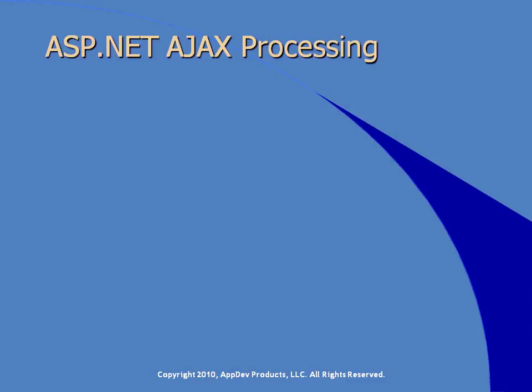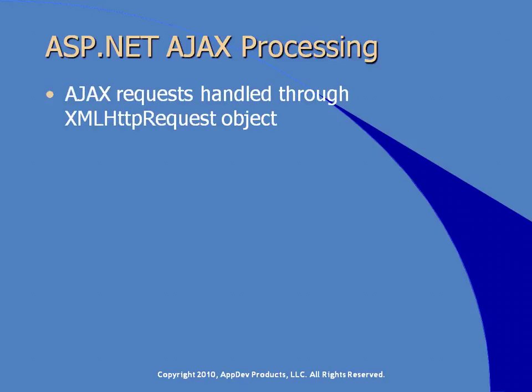So let's talk a little bit more about this ASP.NET AJAX processing. The browser and the server process the AJAX request quite differently from a traditional page request. With AJAX, the request doesn't occur through a normal full page postback using post or get or so forth, as it does for traditional page postback.